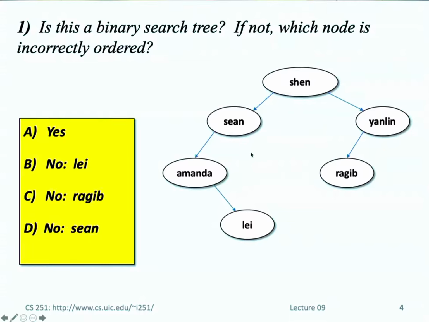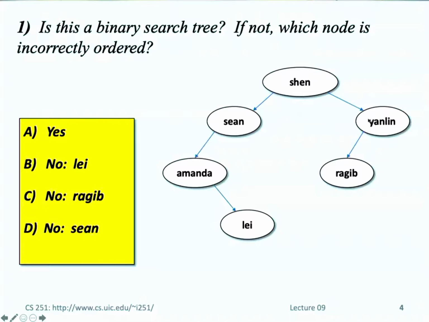If you look at the root node, you've got Chen, so everything that's smaller than the alphabet S should be towards the left of the tree, and everything that's greater than S should be right of the tree.